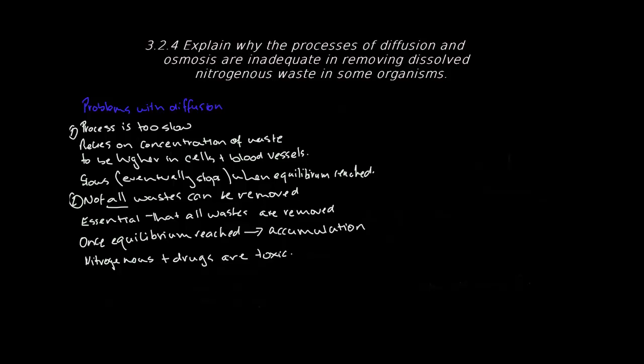Second part we're going to look at is problems with osmosis. Now the problems with osmosis are a little bit different. The first thing we can say, too much water might be lost.